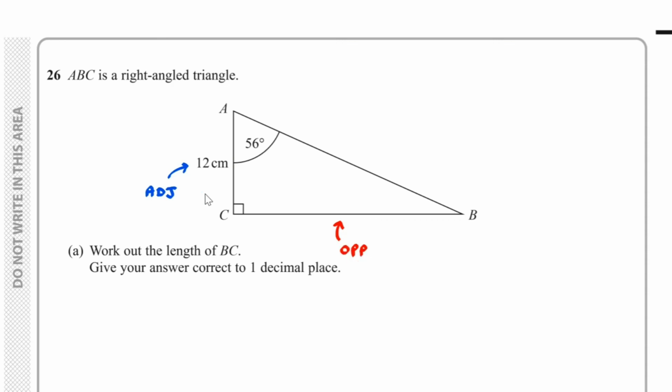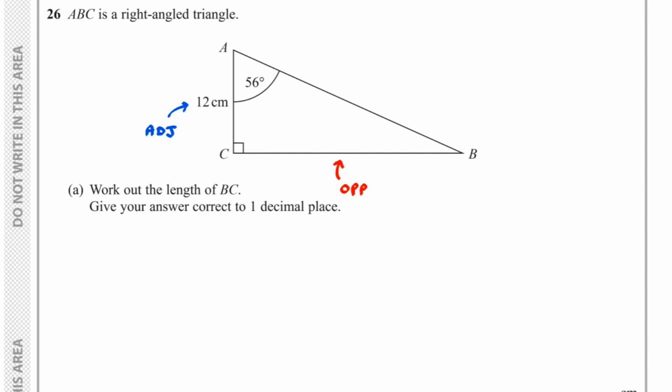What connects the opposite and the adjacent is tan. So I have tan of 56 equals opposite, which is BC, divided by AC, which is the adjacent of 12.